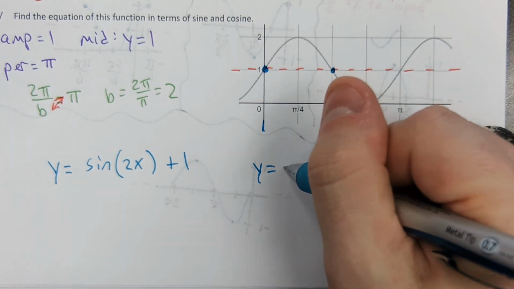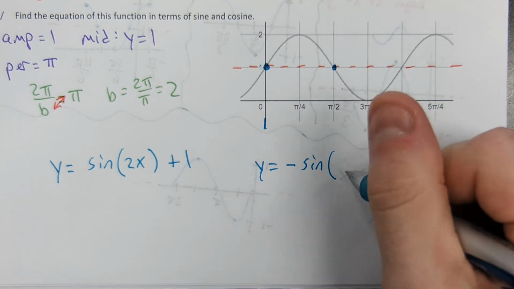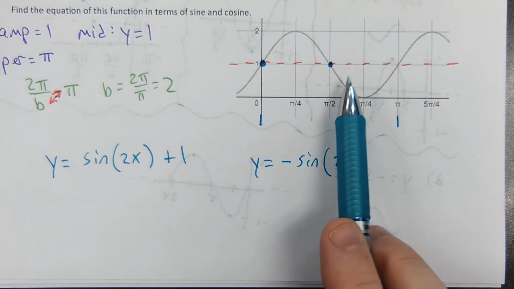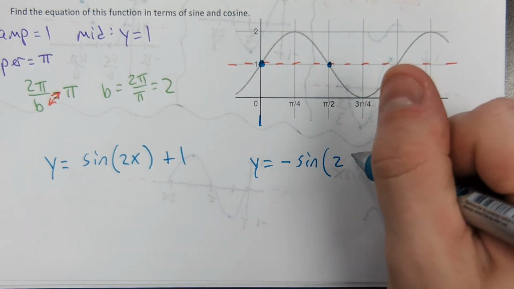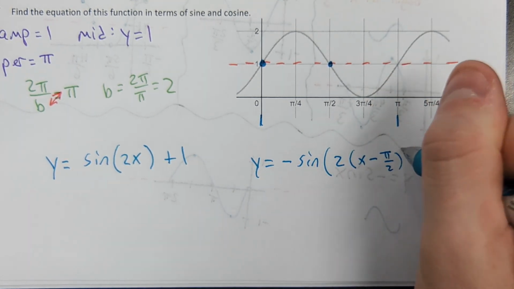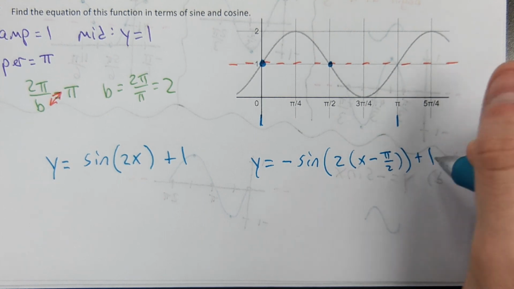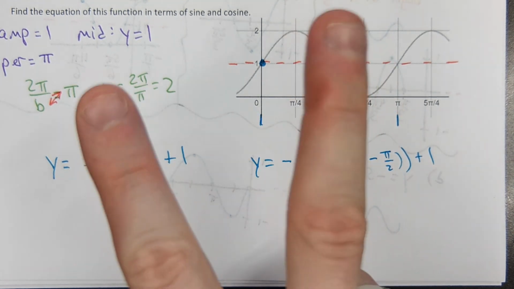Now it's negative sine of, there is still a 2 in front, but if I'm saying I'm starting there, I have a pi over 2 phase shift to the right. That's just for you to realize that I could phase shift this as many times as I want to and still call it a sine wave, both positive or negative. Just depends on where I decided to start it.